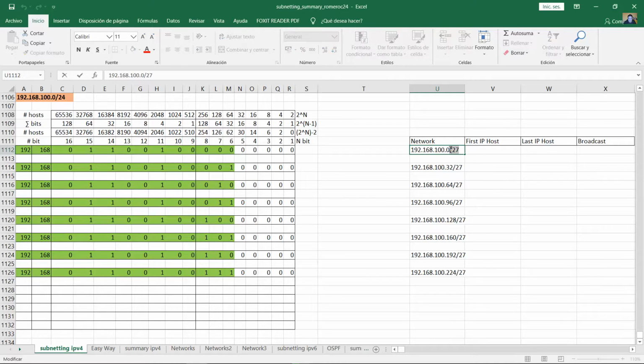When you have a subnet mask or prefix of 27, you need to add 32 for each subnet.